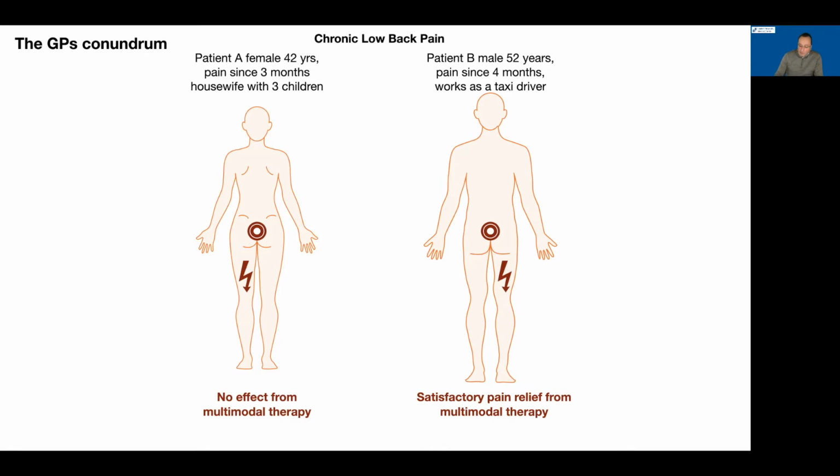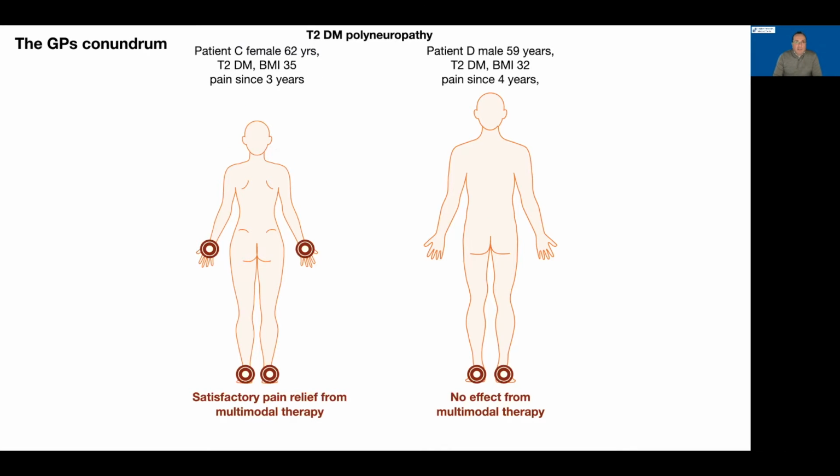Now let's go to the next 2 patients. Again, a female on the left, a male on the right. They both have type 2 diabetes. The one on the left is a little bit heavier than the one on the right, but the severity is also a little bit different. The patient on the left had a more severe presentation of neuropathy in her arms, in her hands, and in both of her feet.